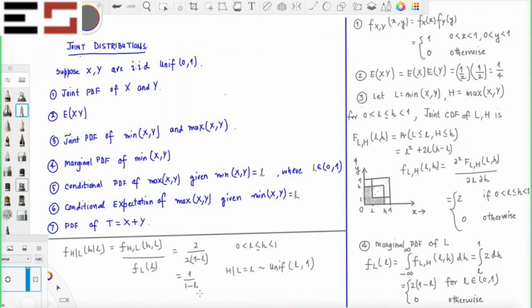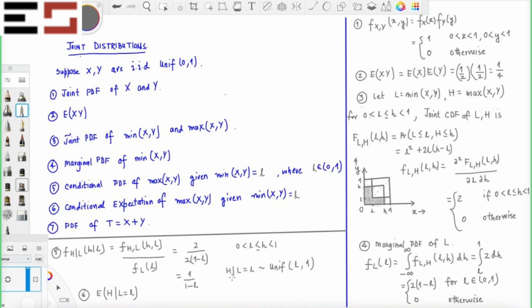Is that okay? Now let us figure out the conditional expectation of max xy given min xy equal to L. So you just have to figure out the expected value of H given L equal to L. If you want to figure out the conditional expectation, you just have to use the conditional distribution of H given L equal to L. And since it's uniform from L to 1, we know that a random variable uniform(a, b) has expectation (a plus b) by 2.